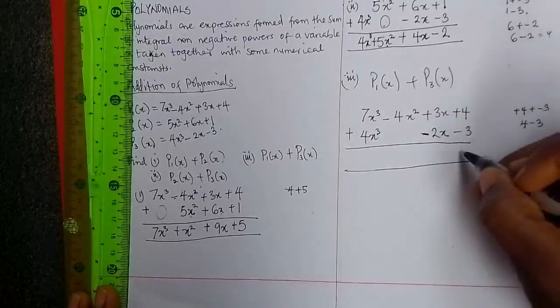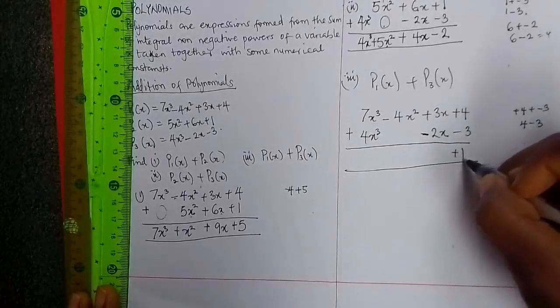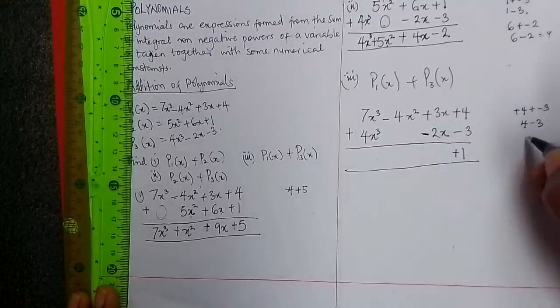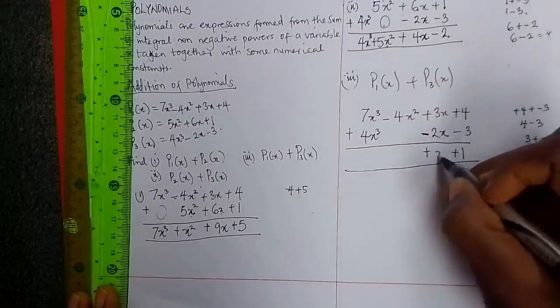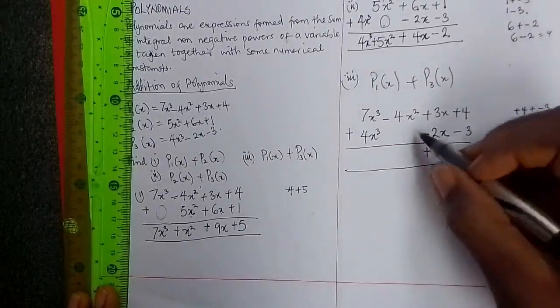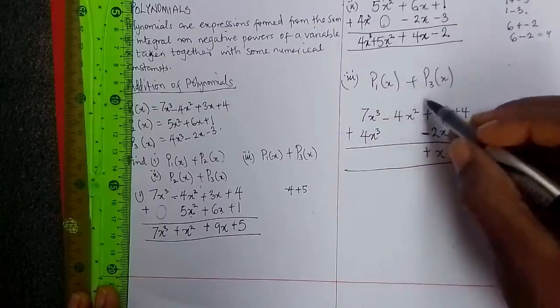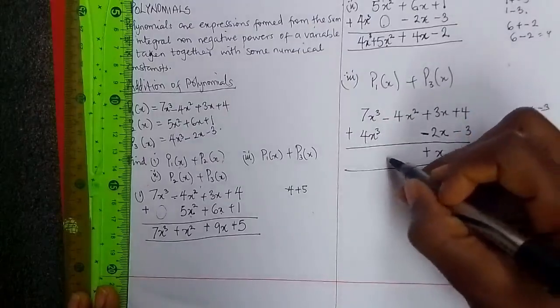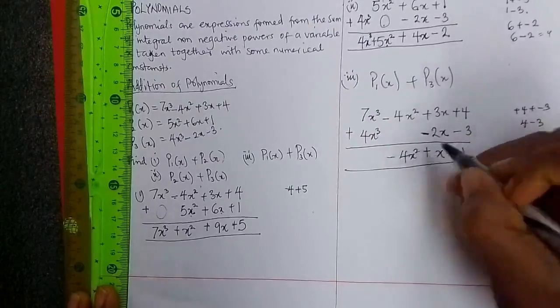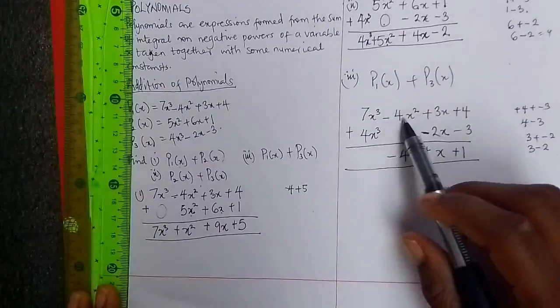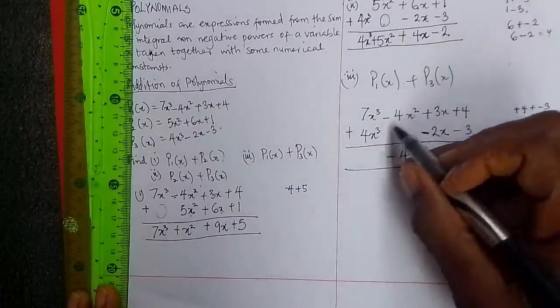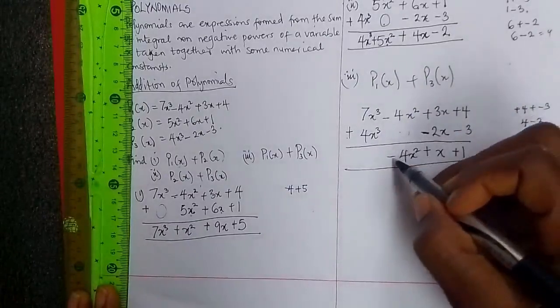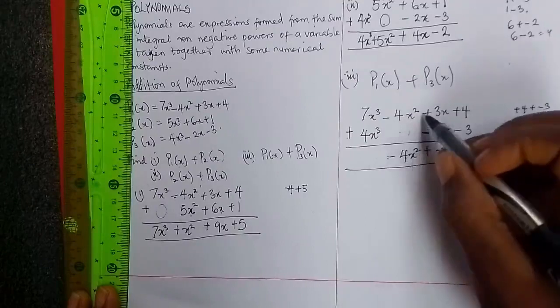The answer is 1. That's positive 1. So we have here 3 plus minus 2. So we have 3 minus 2, which is plus x. 1x is x. Then minus 4x squared plus 0 is minus 4x squared.